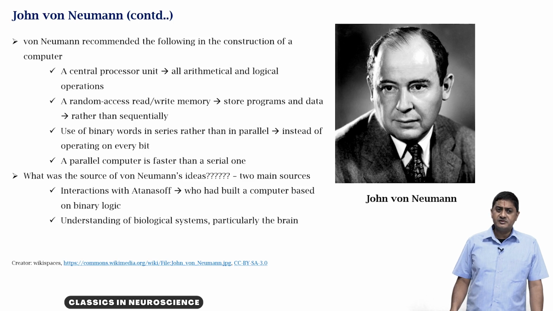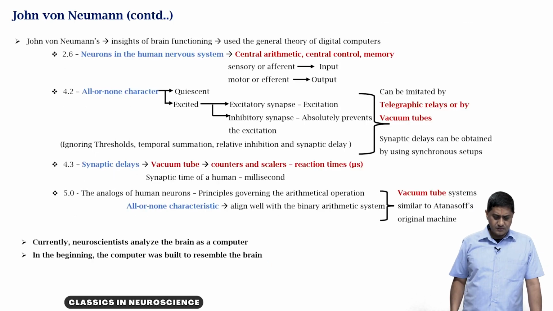And von Neumann himself had an excellent understanding of the functions of biological systems, in particular the brain. So, he used his insights of brain functions to build a general theory of digital computation.